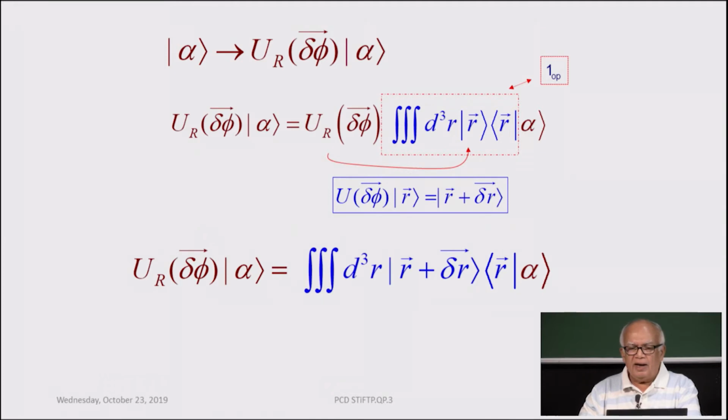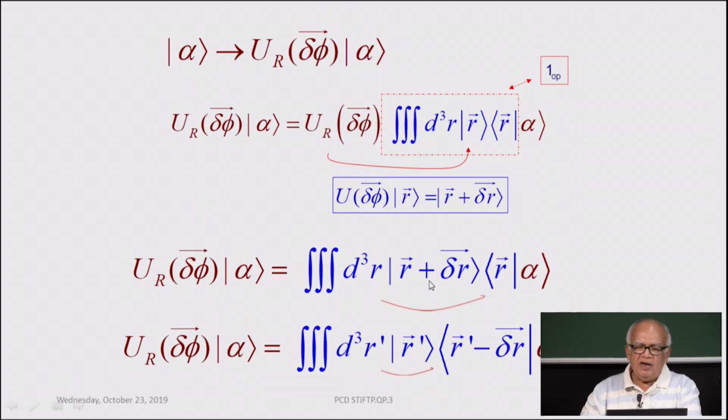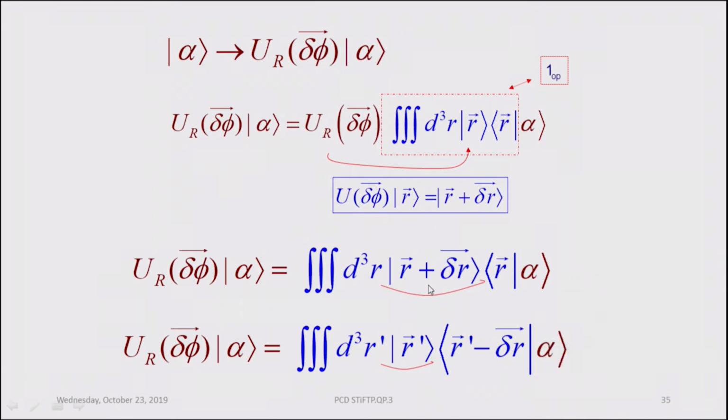We can write this integral as a sum over r prime, where r prime is r plus delta r, and the dummy label changes from r to r prime. It does not matter because you are picking up every single point in the whole space.